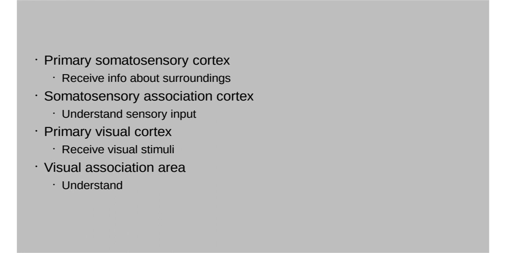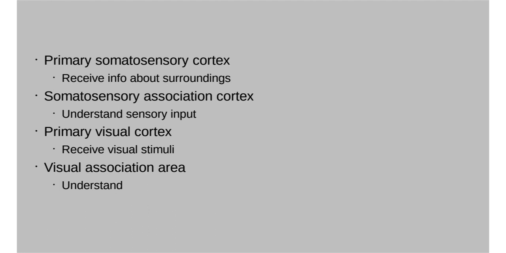So first, in the primary somatosensory cortex, we will have the primary visual cortex. The primary visual cortex is where information coming in from your eyes arrives. At this point, it doesn't mean anything to your brain at all. Keep that in mind. That's going to be a running trend.